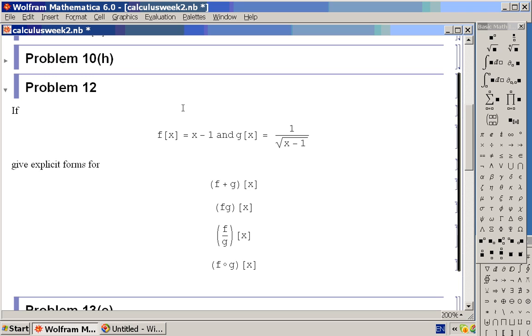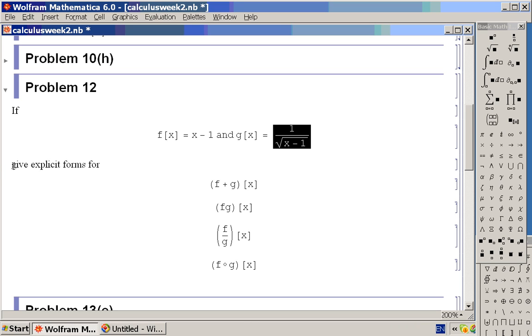Well, the next problem is question 12, and that's about the combination of functions. So we've got two functions here. F of x is equal to x minus 1, and g of x is equal to 1 over the square root of x minus 1.